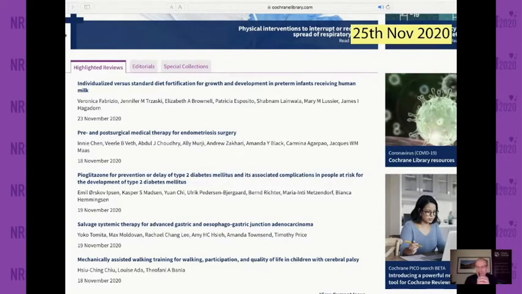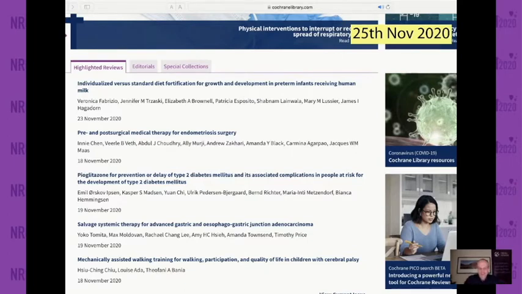And the purpose of this exercise that you too could do if you wanted to is, let's look at each of these reviews and look at one part of it, and that is the risk of bias assessment for the studies, the trials that are included in these systematic reviews. So these are all big systematic reviews.